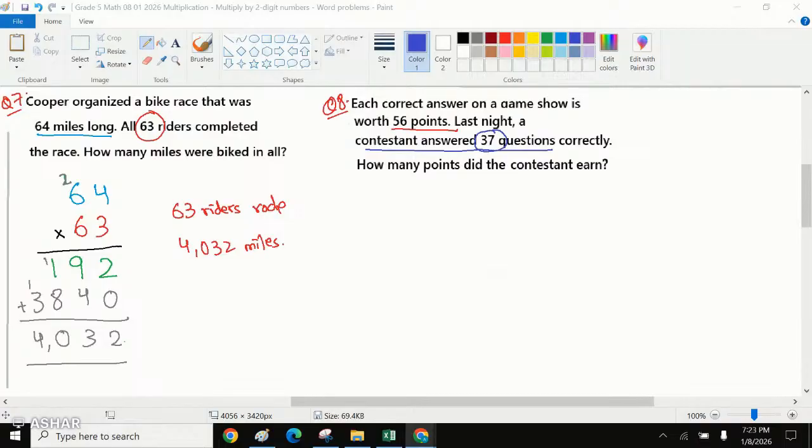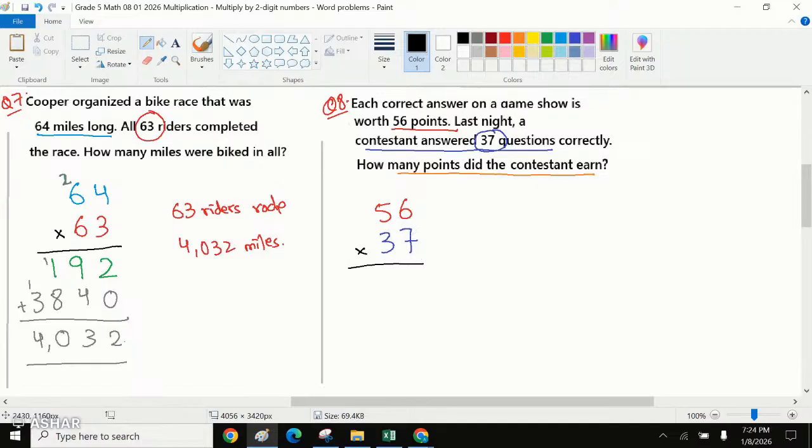So we need to find the number of points the contestant earned. So what we can say is for each correct answer, he would be given 56 points, right? So we can say 56 is multiplied by 37.